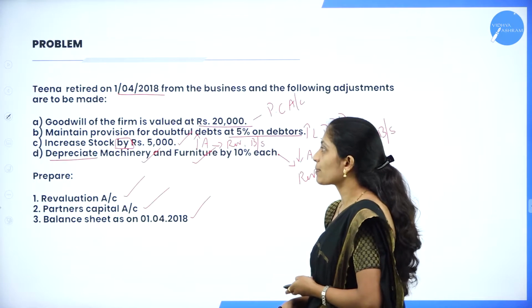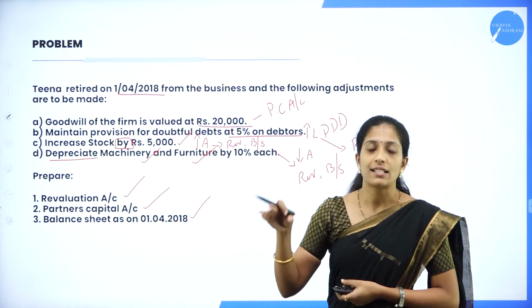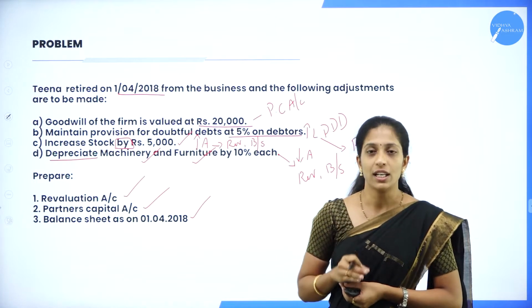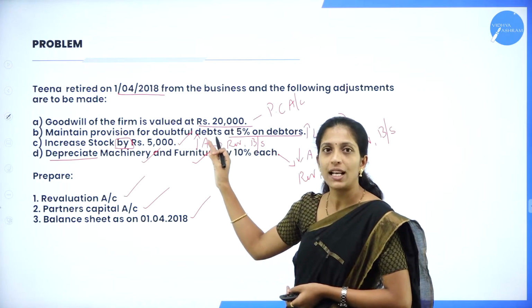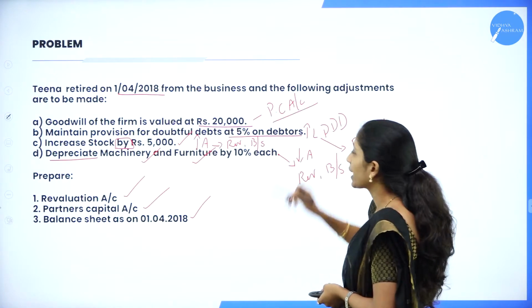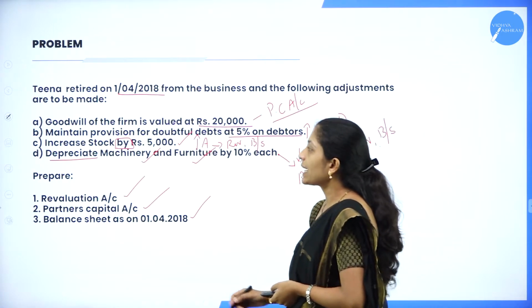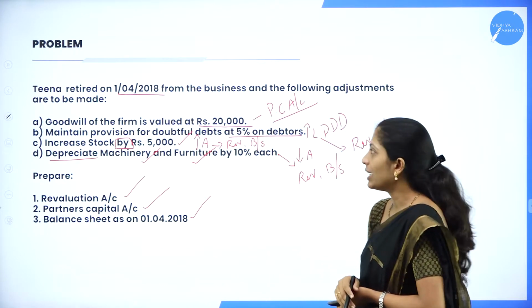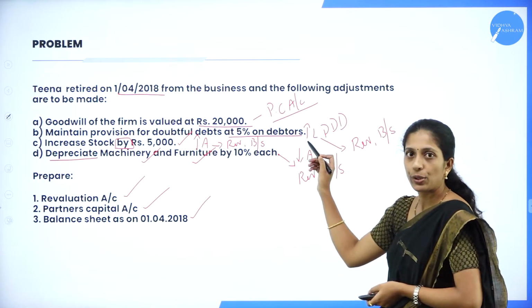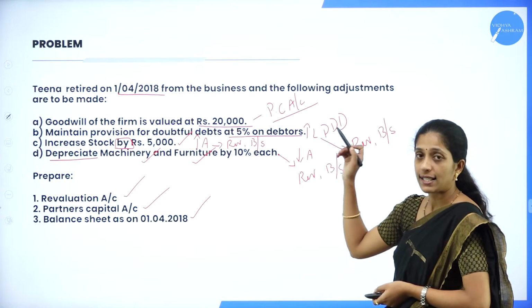Now go through the adjustments and see whether any assets or liabilities have increased or decreased. Leave the first adjustment, that is relating to goodwill. We are going to record that in the partners capital account. Now the second adjustment is maintain provision for doubtful debts at 5% on debtors. I have already told you provision for doubtful debt is a liability.